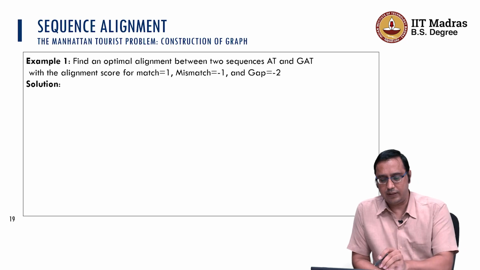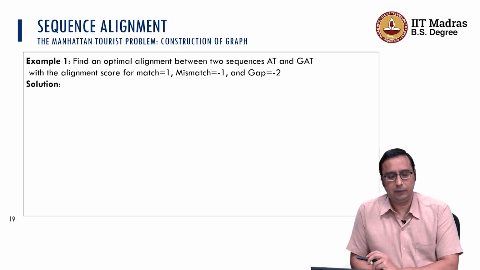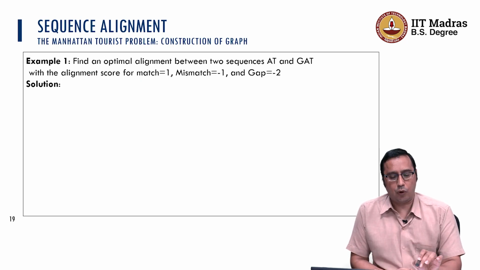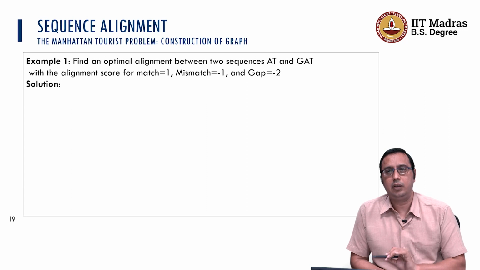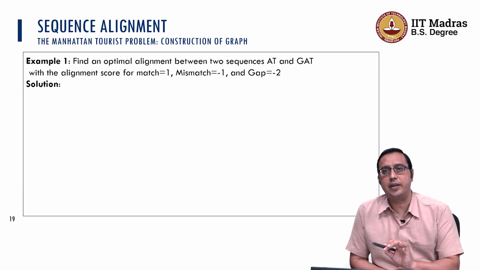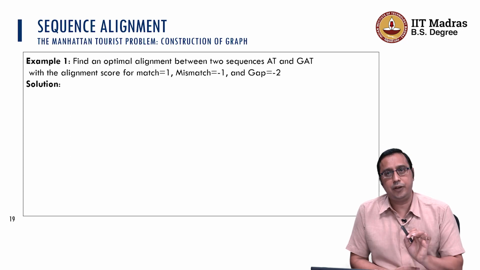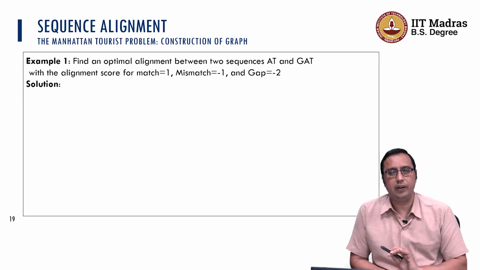I have two sequences, AT and GAT, with alignment score of match equal to 1, mismatch equal to -1 and gap equal to -2. Currently I am using a constant gap score of -2. We can use an affine gap score or penalty also, but right now we are keeping this as a constant gap.